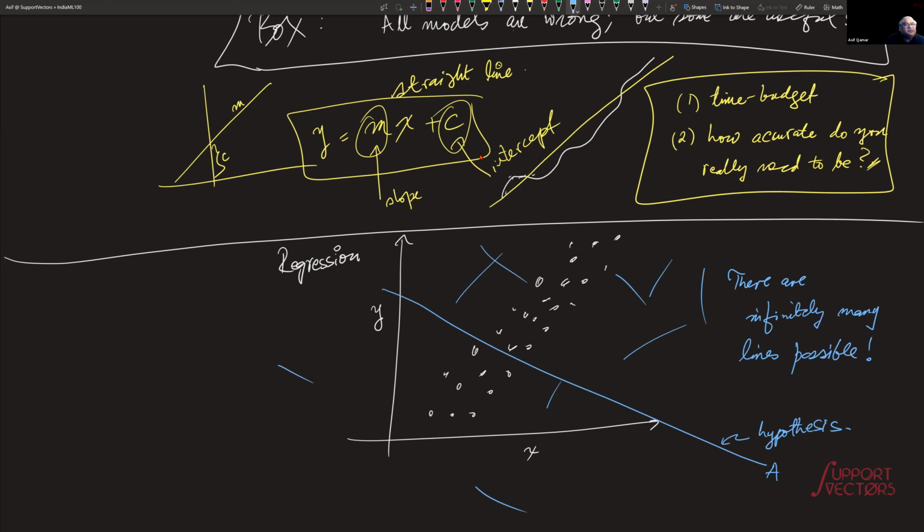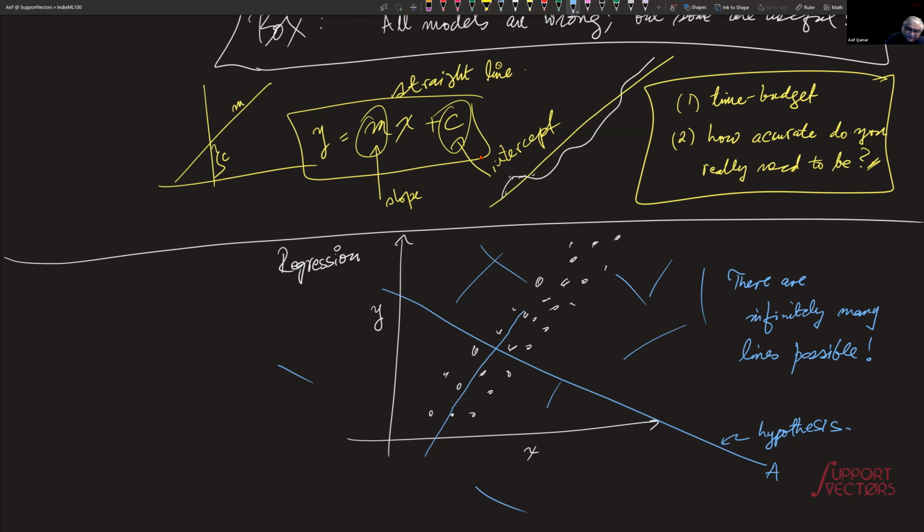What is your basic intuition that says this is not a good hypothesis for the data? Because less number of data points belong to this line. So suppose I make another model. Let me very carefully make a model.